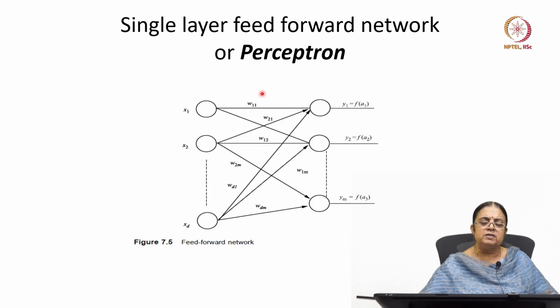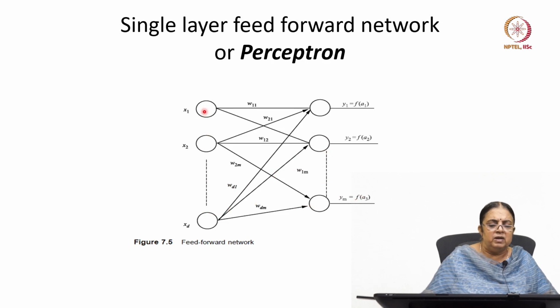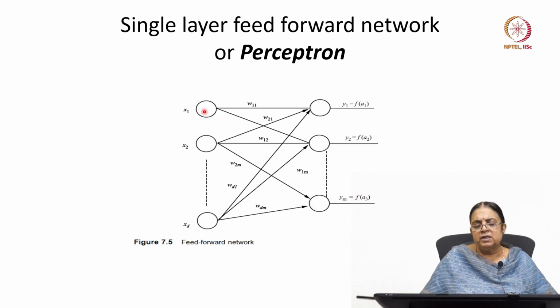The perceptron basically has only an input layer and an output layer. The input layer has the input which is given to it, and you have the output layer from which the output is got, and you have the interconnection between the input layer and the output layer. Every unit in the input layer is connected to every node in the output layer, but the nodes in the same layer are not connected to each other.